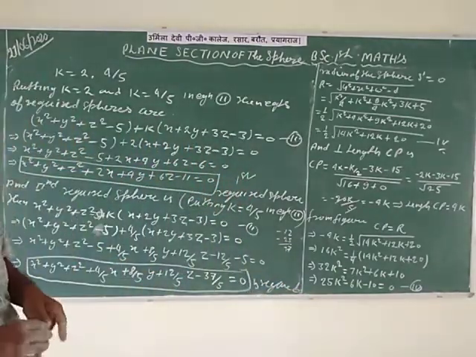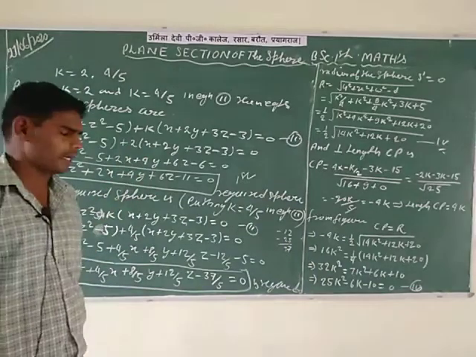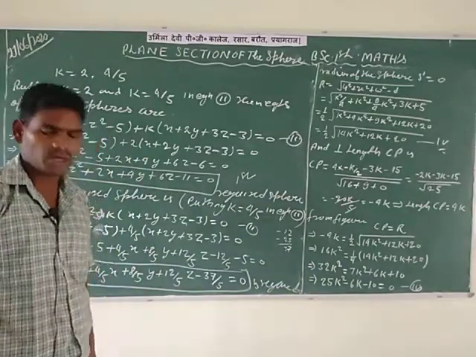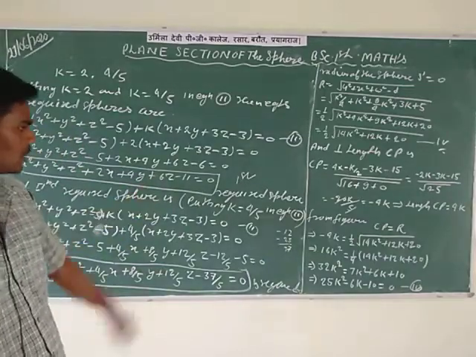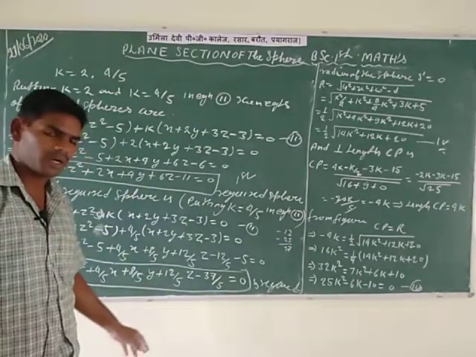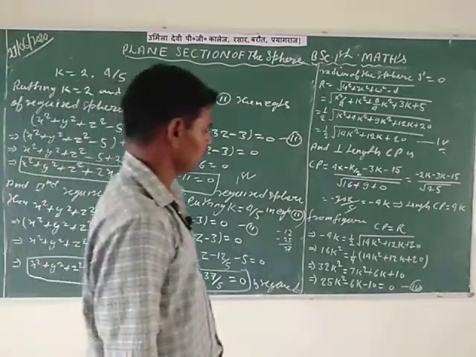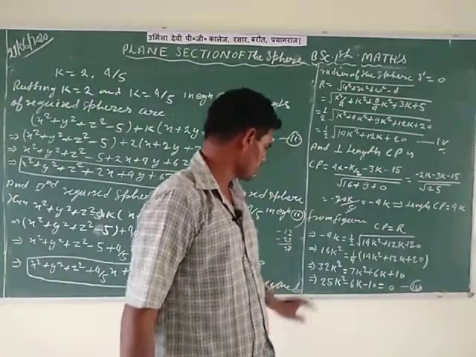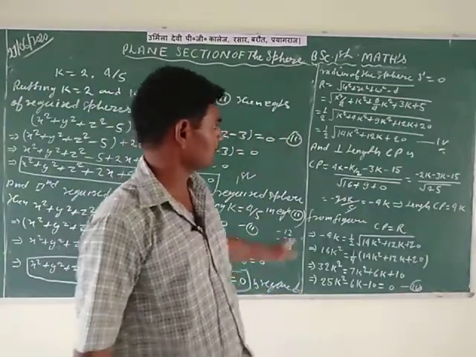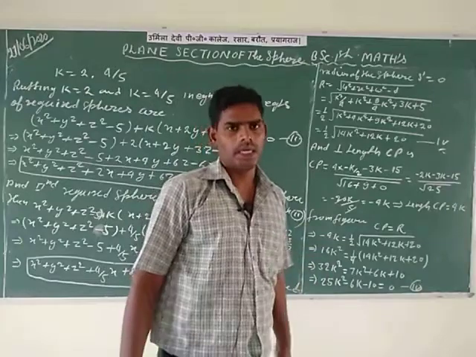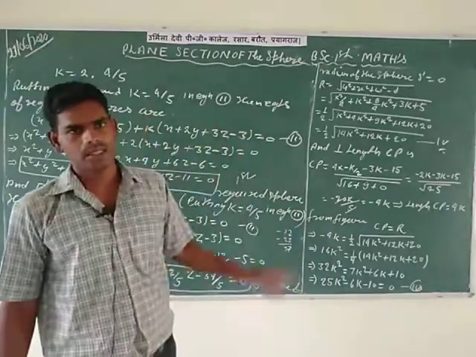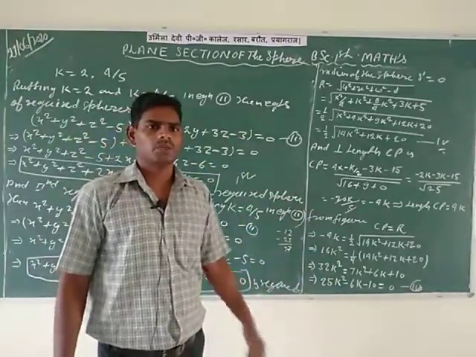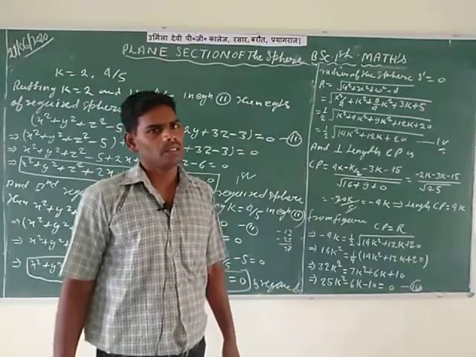So in this question, we calculate two required spheres, represented by this equation and this second one. For this, first calculate the unknown value k which is present in equation second. For this, apply the required condition. Here in this question the required condition is that the required sphere touches the given plane third.